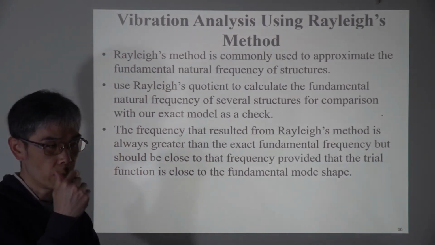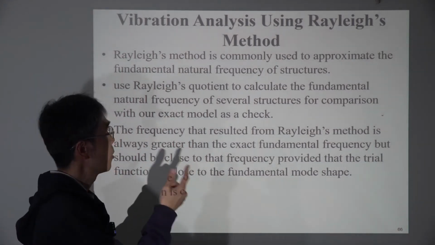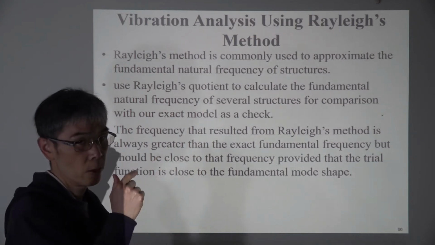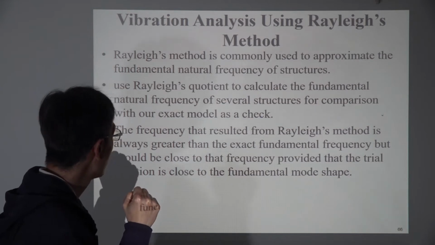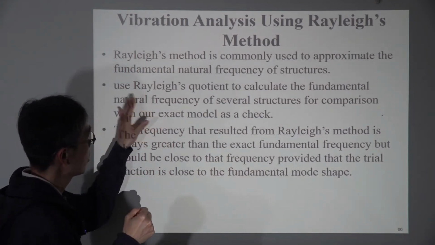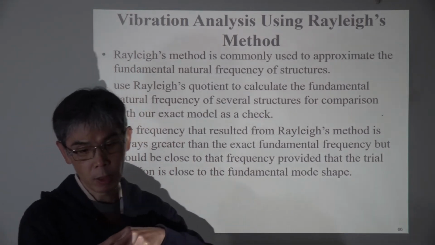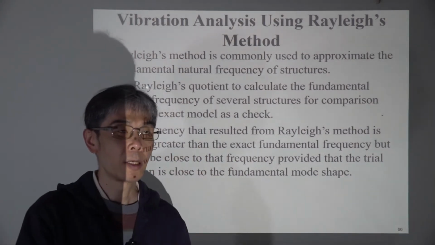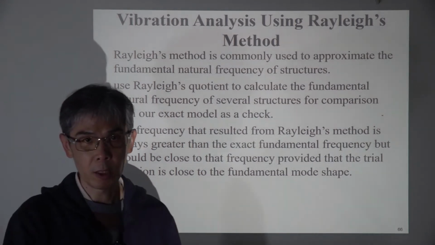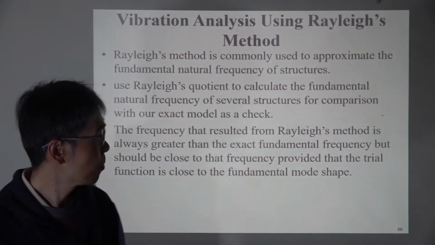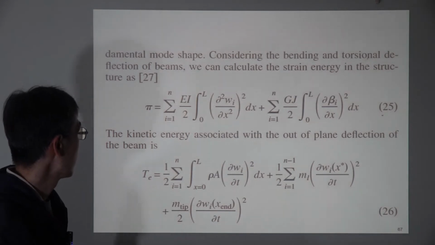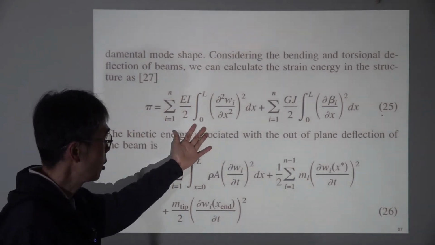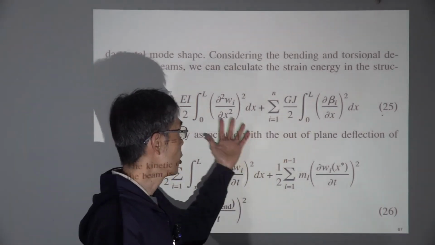But we have some approximate solutions. We can use the energy method, the Rayleigh method, to solve the equation. For the Rayleigh method, we assume a trial solution and use the energy formulation to solve for the resonant frequency. First we formulate the potential energy, the strain energy form.